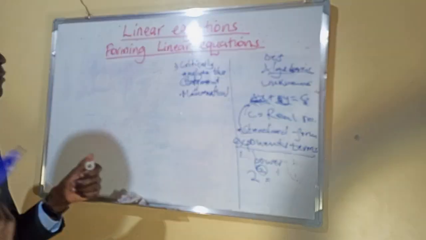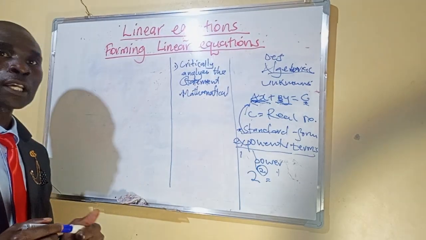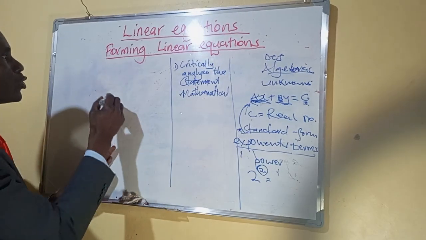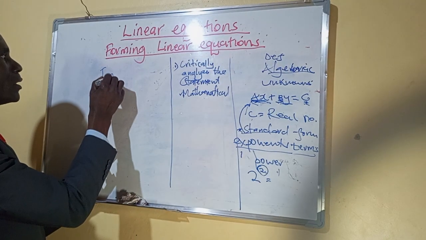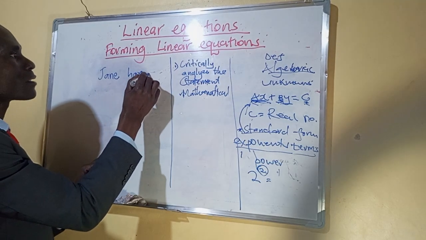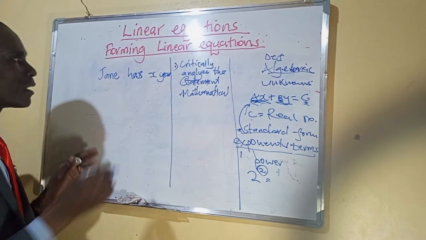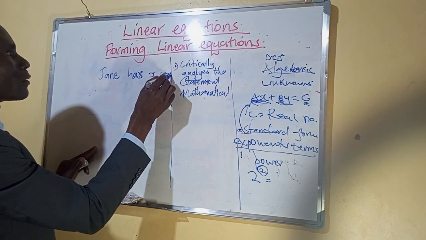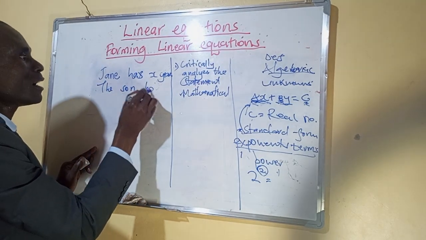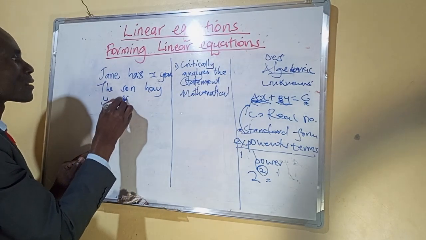Now, I want to give an example so that you are not left behind. Let's have this kind of statement. Jane has x years. The son has y years.